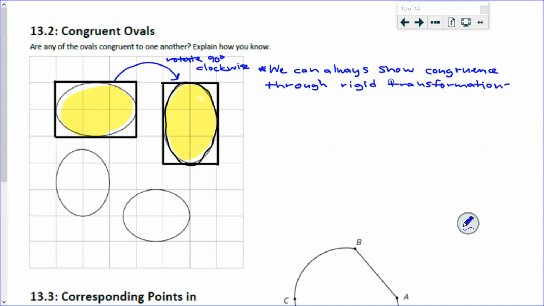This is the most effective method because the definition of congruence relies on rigid transformations. So if we ever want to say, is it congruent, we can rely on that definition. As long as you can find a series of rigid transformations, you're going to be good to go.